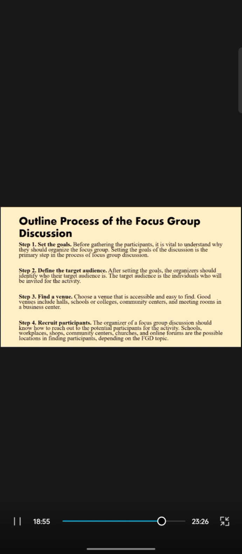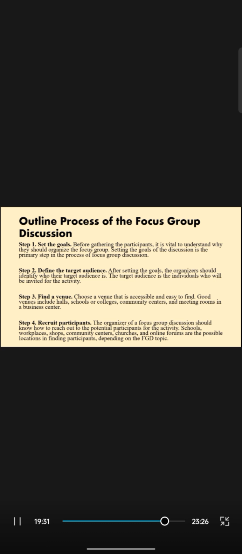After setting the goals, the organizers should identify who their target audience is. The target audience is the individuals who will be invited for the activity. So here in step 2, after setting the goals in step 1, you proceed to identifying who your target audience are. The target audience are those who can become your participants or respondents.